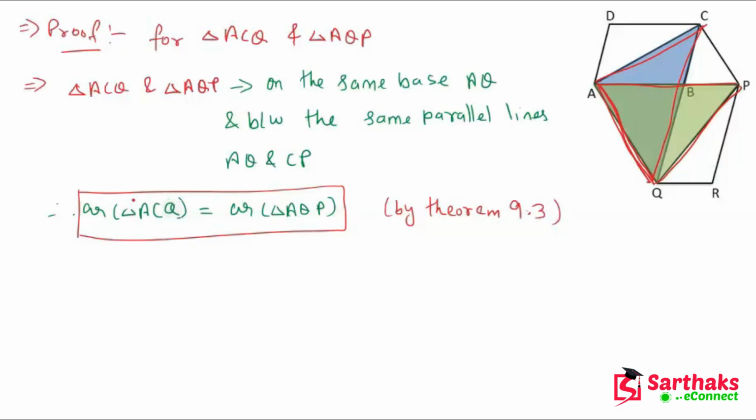Now subtracting. You can see the triangle ABQ is common in both triangles. So we can subtract this common triangle from both sides. Subtract area of triangle ABQ from both sides.